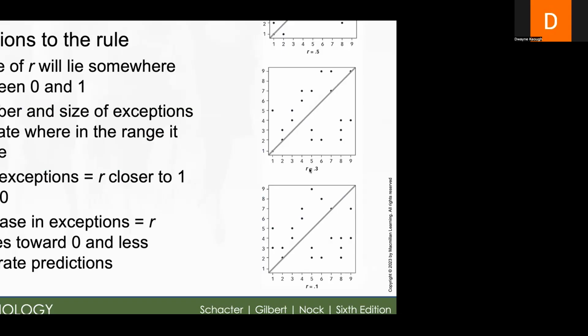So if a correlation of 0.1, the range, remember, is -1 to +1. But as we can see, 0.1, look at all the data points around that line. They're really not on it. Most of them are far away. And that's not that surprising, because a correlation of 0.1 is terrible. It's really, really low.